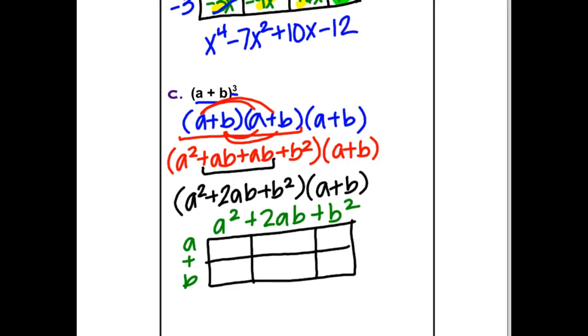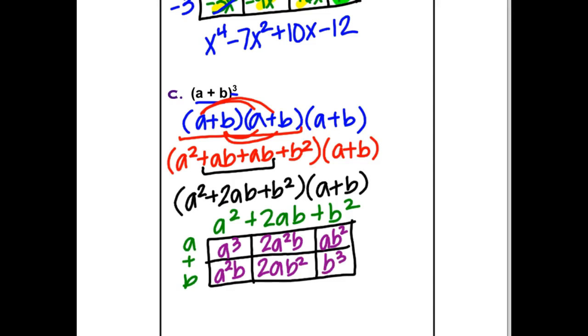And then we multiply. a times a squared is going to be a cubed. 2ab times a is 2a squared b. I know that's confusing for you. And then a times b squared is ab squared. a squared times b is a squared b. 2ab times b is 2ab squared. And then b squared times b is b cubed.